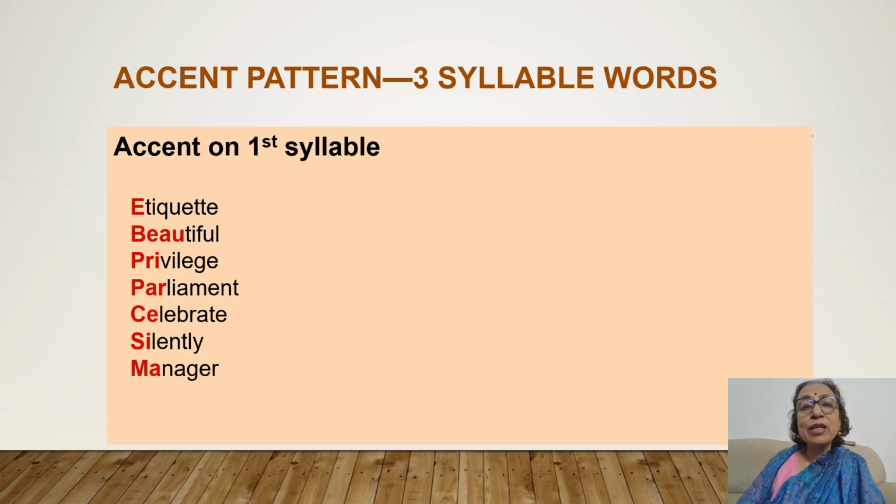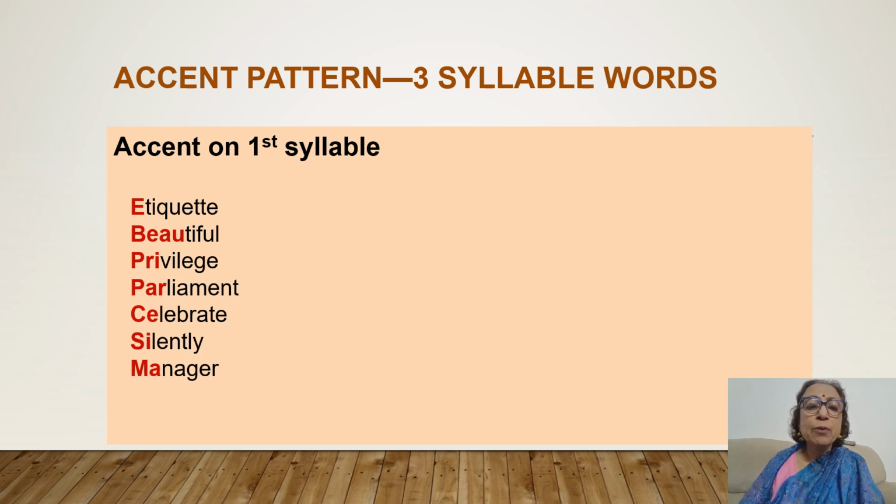A is only the first syllable, that is where the stress is. So we say etiquette, etiquette. That is how it's pronounced. Then you have beautiful. Those are the 3 syllables. Beau is 1 syllable, T is 1 syllable, full is 1 syllable, of which the first, beau, is stressed.